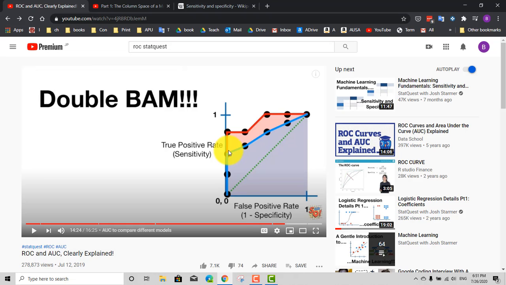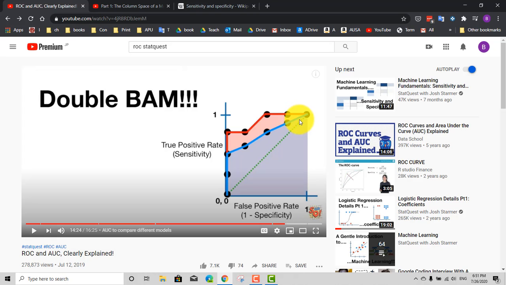So we could take, say, J48 and change the cutoff, and every time you change the cutoff, you'll get a different dot, but it would be different than the logistic set of dots. So you get a different ROC curve, and then you could say, well, which one is generally better?